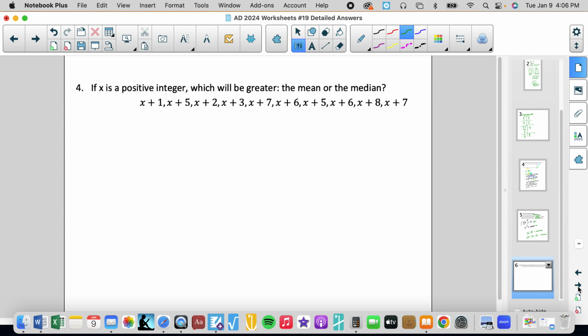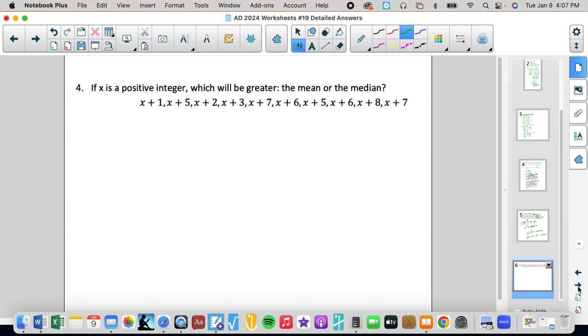If x is a positive integer, which will be greater, the mean or the median?